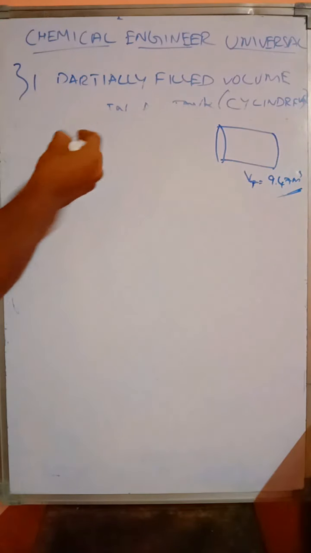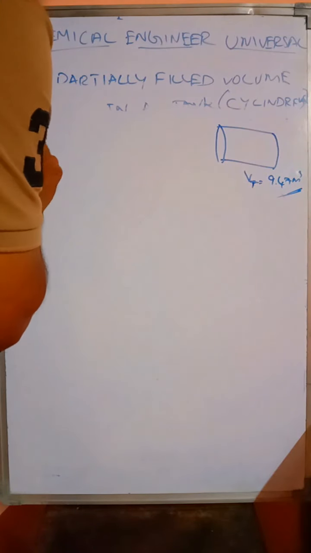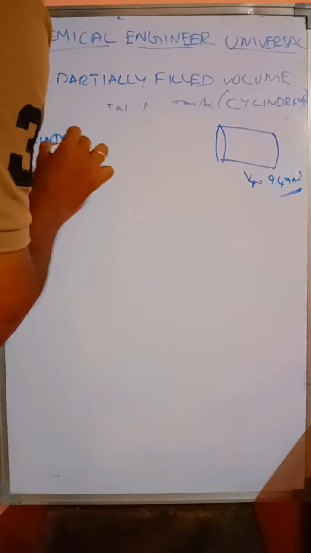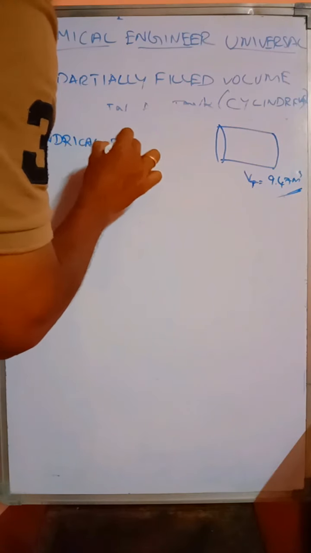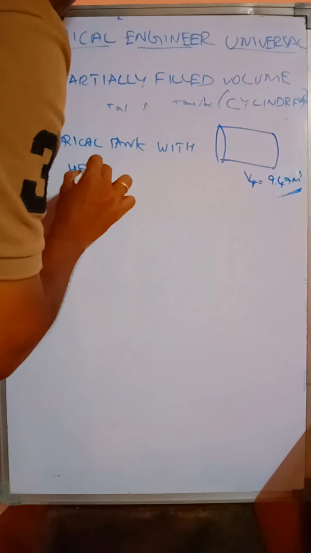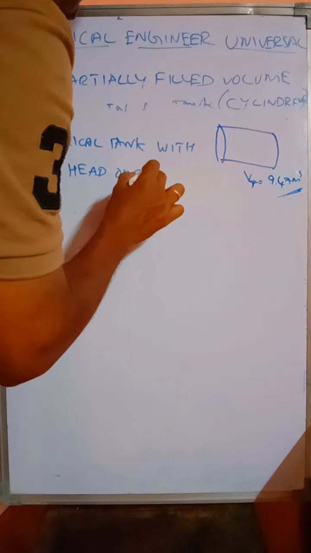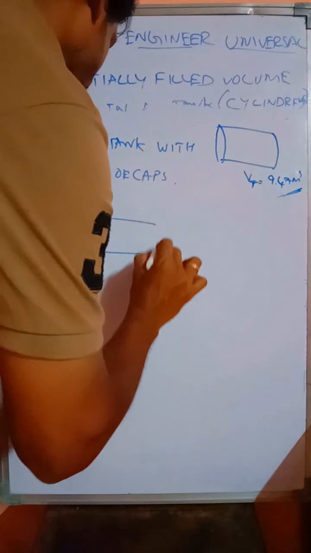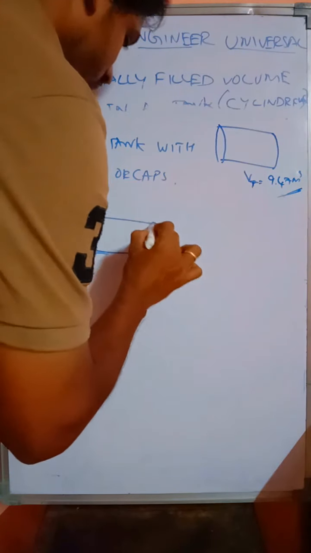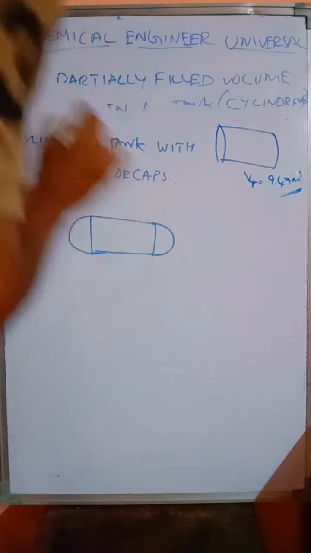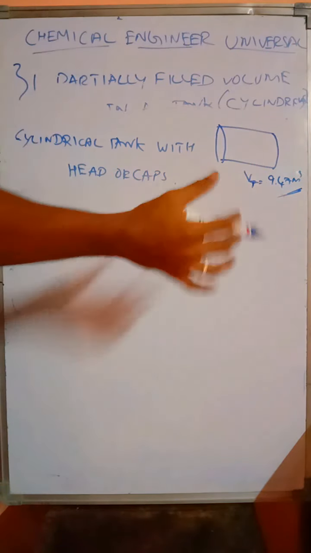Then now we are going to calculate for cylindrical tank with head or caps, or you can say hemispherical type, whatever, right? So take the same data and having a hemispherical head attached on both the sides, right? So this is the horizontal case.